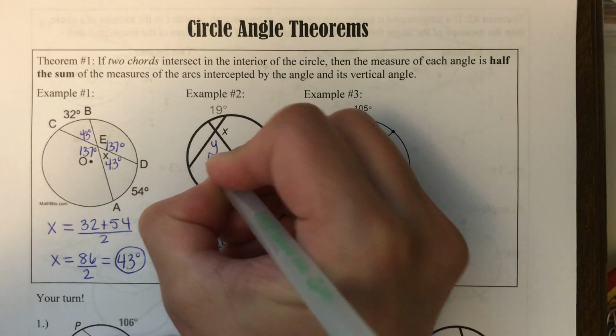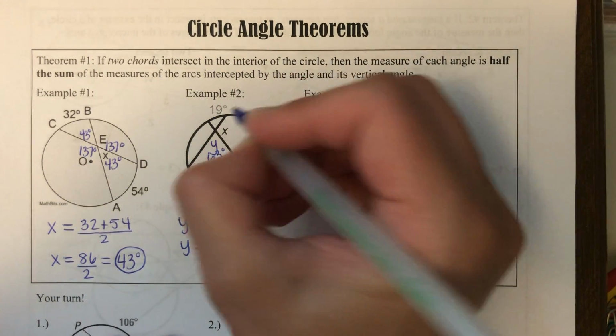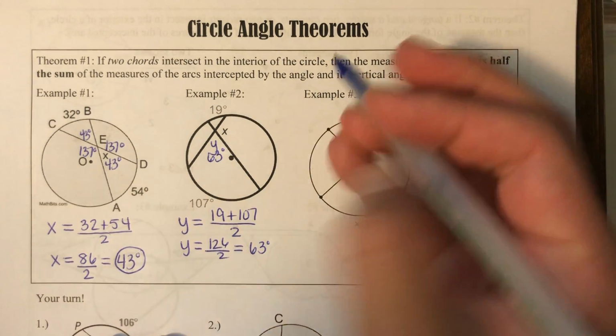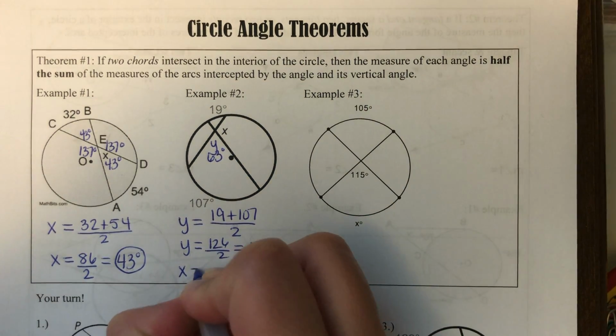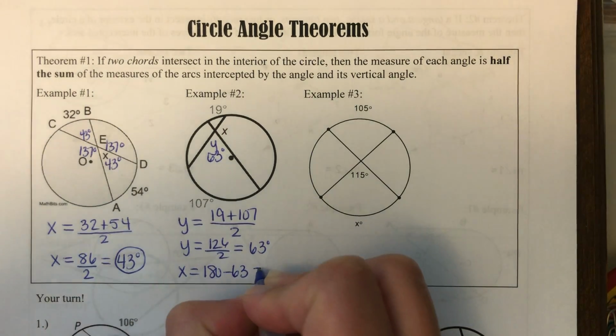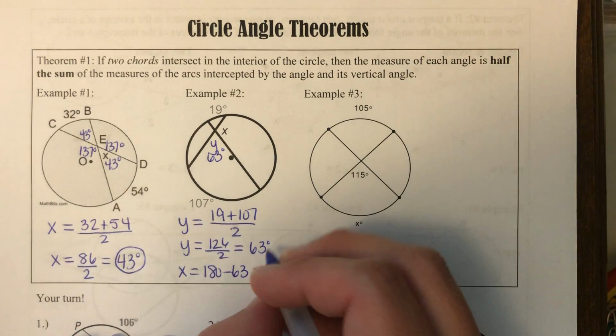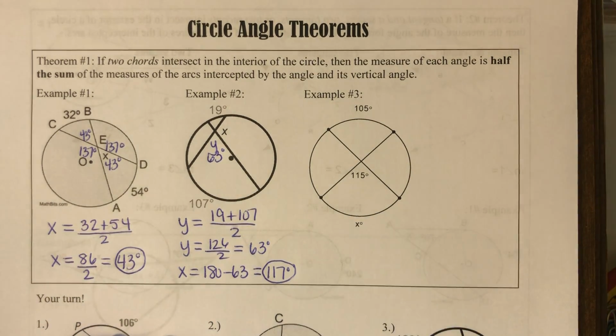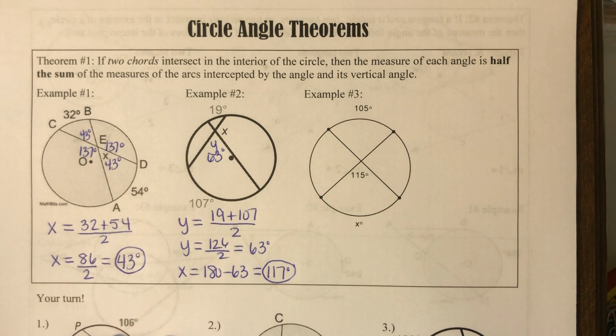So that's the angle here. Now they want x though. Remember, their relationship is that they add to 180. So to find x, we're just going to do 180, take away that 63, and we will get 117. So just make sure you're looking for the right angle.